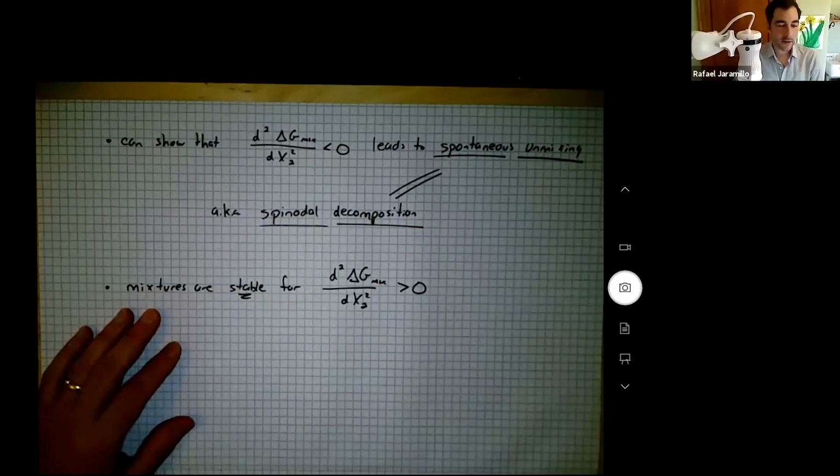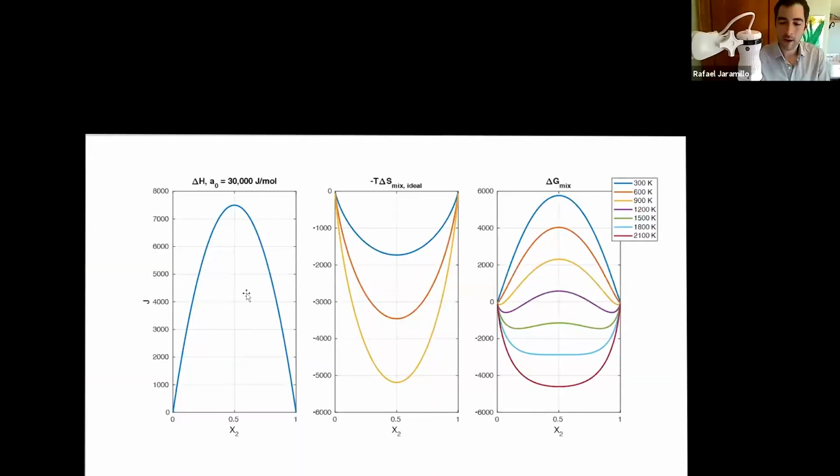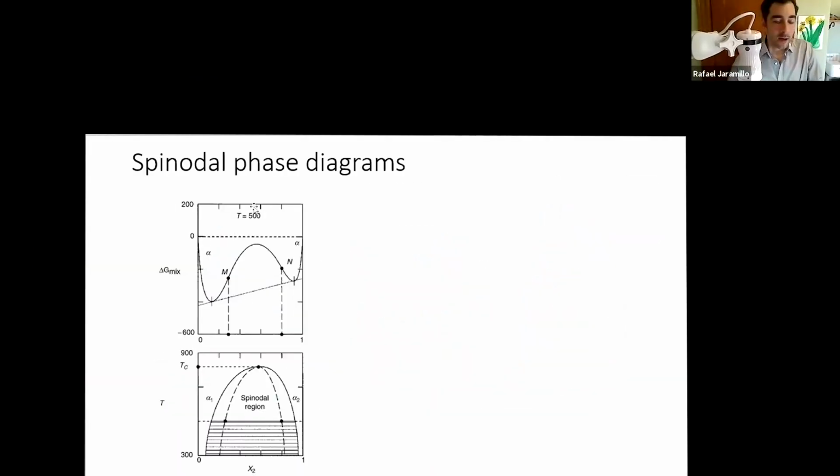Before pausing and stopping for questions, I want to share some pictures about spinodal decomposition. So this is a really important general phenomenon. Here's a general spinodal phase diagram. This is from chapter 10 of the book, so we're not there yet. But here's a delta G of mixing for a system that undergoes spontaneous spinodal decomposition. Let me grab a laser pointer here. So, right, this delta G of mixing has this feature that its curvature changes sign.